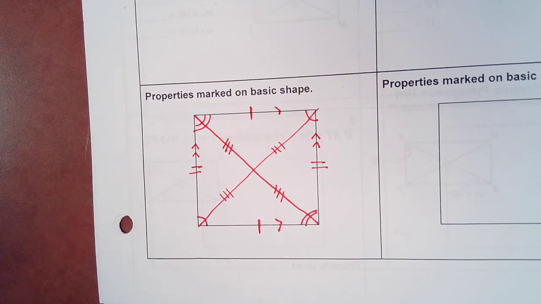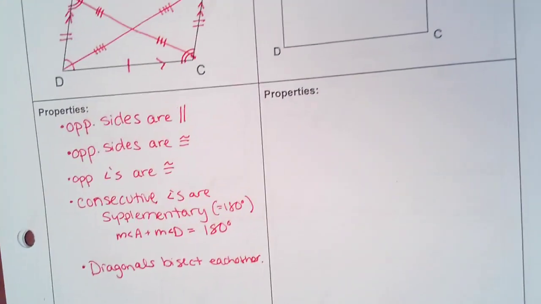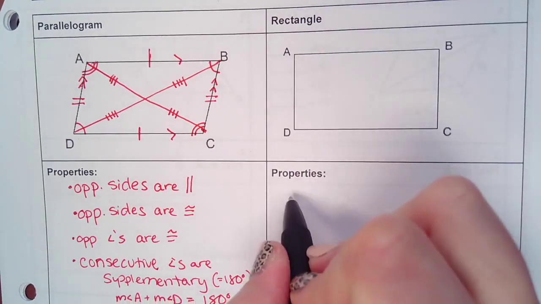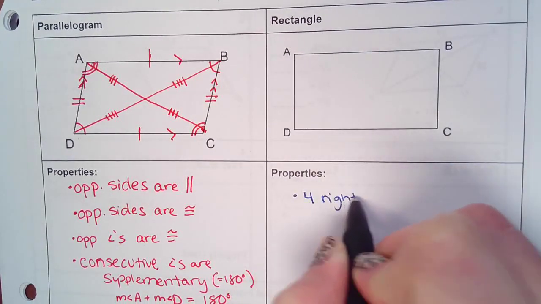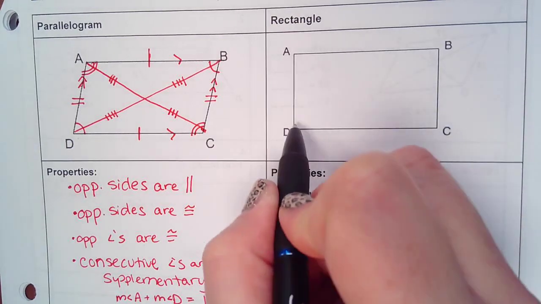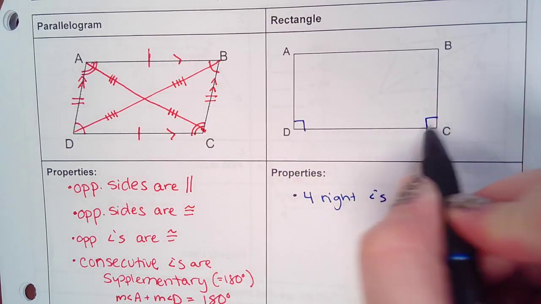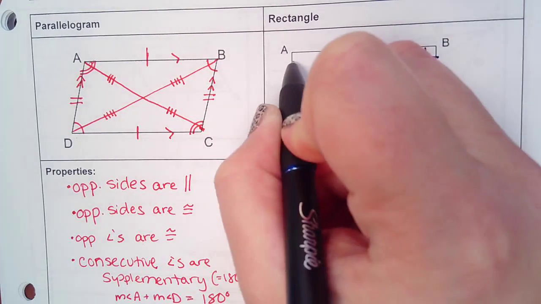All right. The next one is a rectangle. Rectangles here. Let's start off talking about the angles. They have 4 right angles. So each angle here is a right angle.